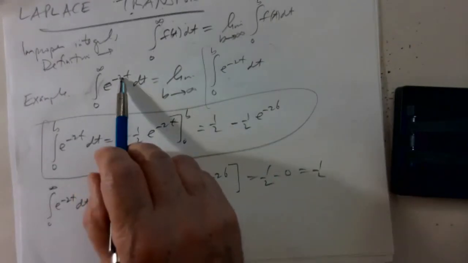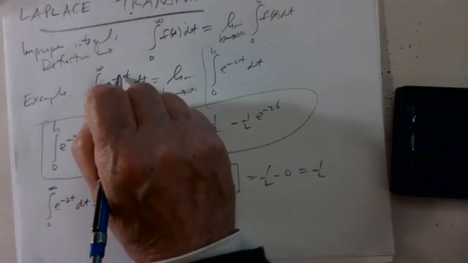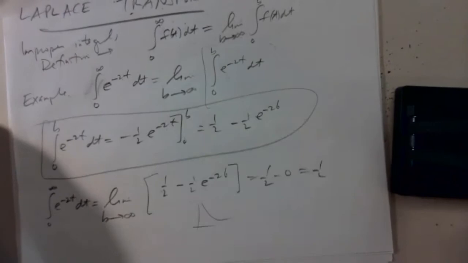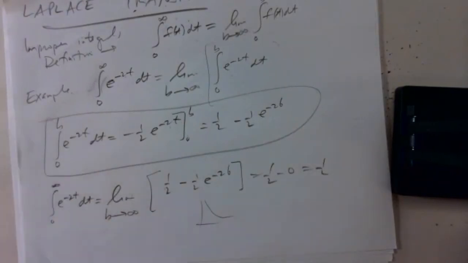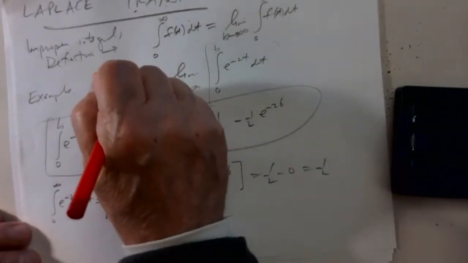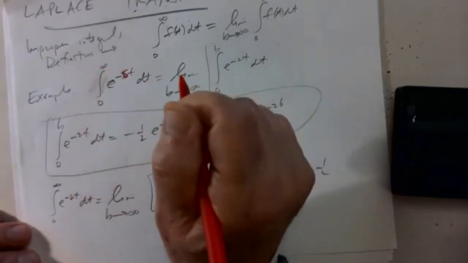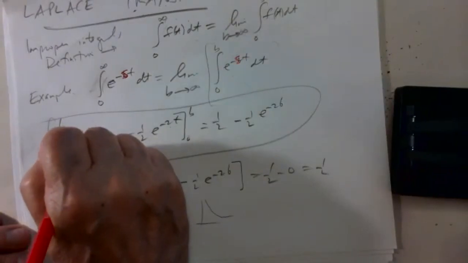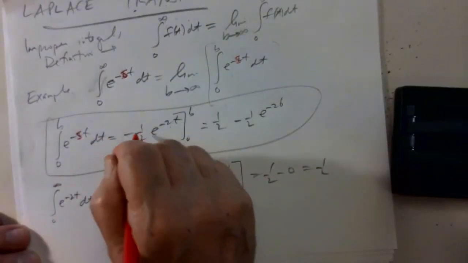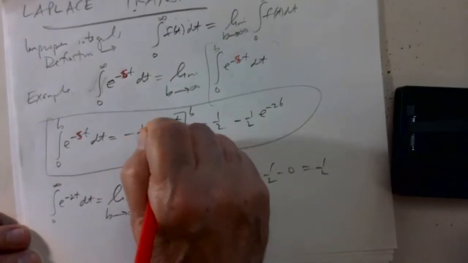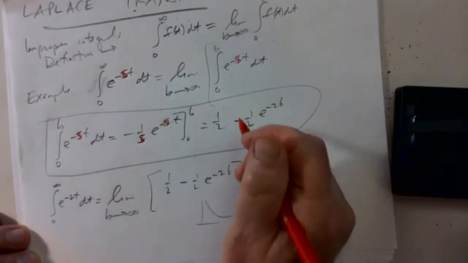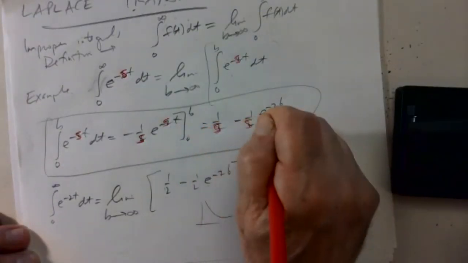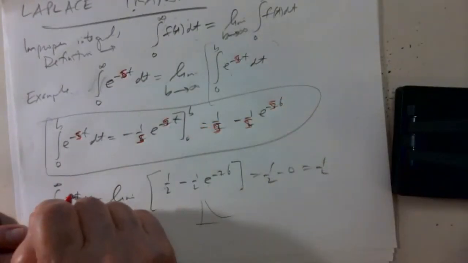And if we change this constant to some number s, the integral of e to the minus st is minus 1 over s, e to the minus st. So that's 1 over s.